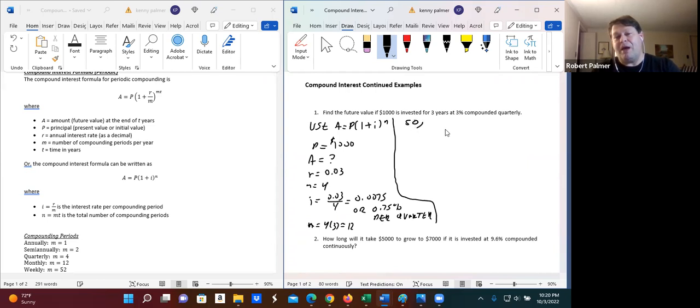So what we have then is the future value A is equal to 1,000 times 1 plus 0.0075, that's our I, to the 12th. Now you see this is a much cleaner formula. You can also reduce that to 1,000 times 1.0075 to the 12th.